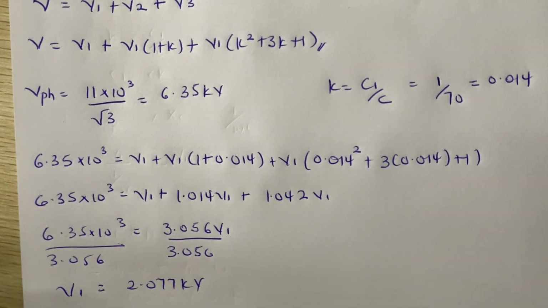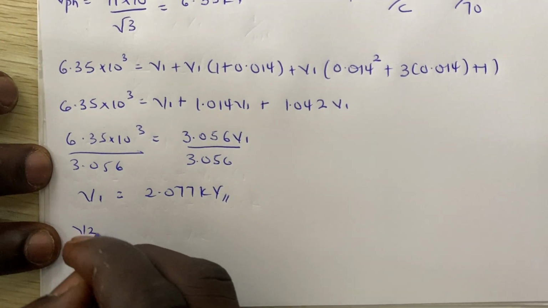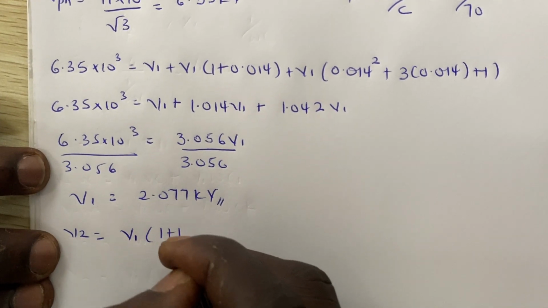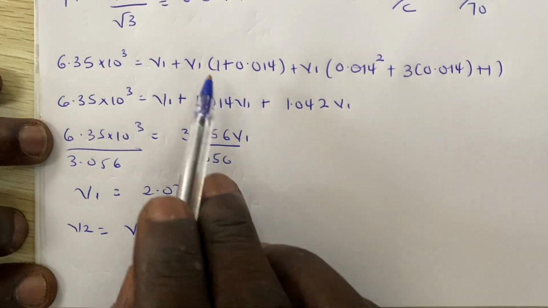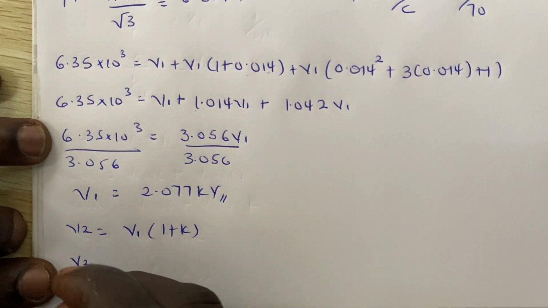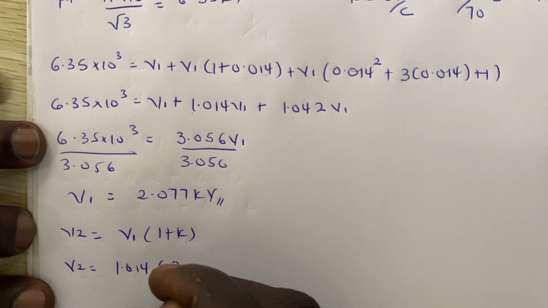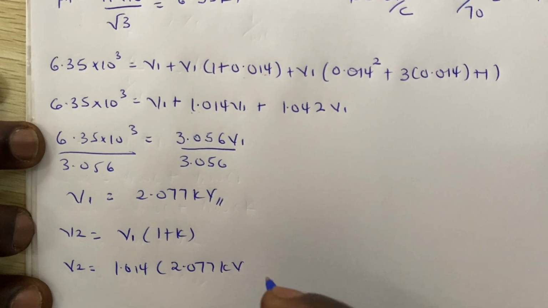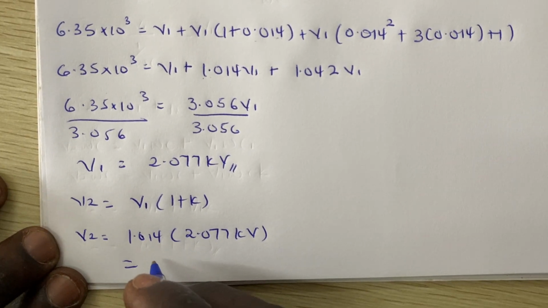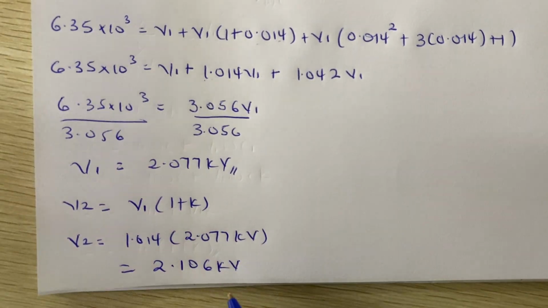2.077 kilovolts, right? So now that we have our V1, we can straight away find our V2, because our V2 is just this V1 into brackets 1 plus k, which is 1.014 times V1, which is 2.077 kilovolts, and now our V2 is going to give us 2.106 kilovolts.